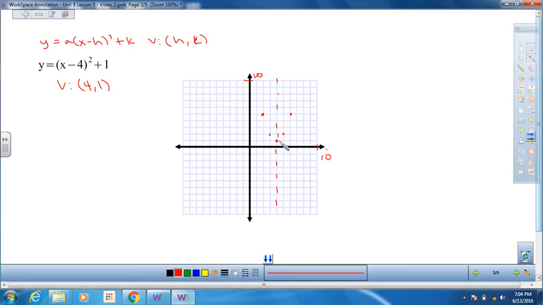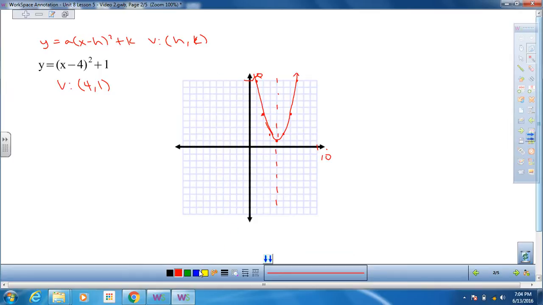And then remember, you can go over 3, and 3 squared is 9, so up 9. And there's my parabola. These are continuous functions, so you should put arrows at the ends of them.